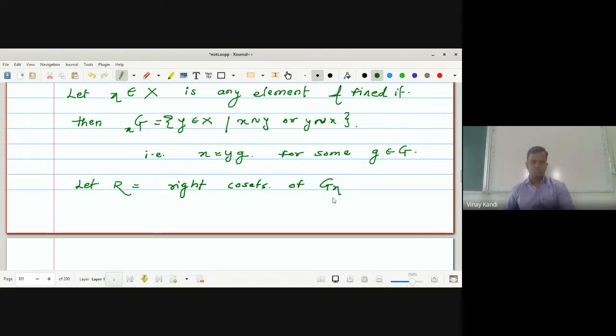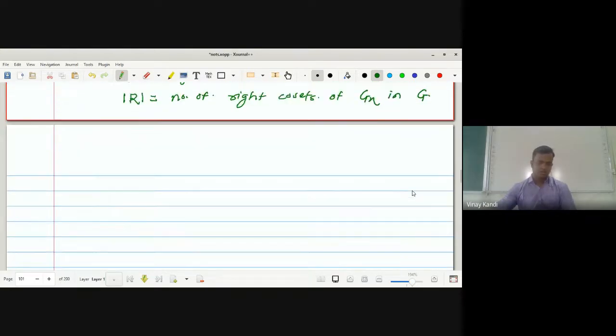What is Gx? It is the stabilizer group in capital G. Then what is the order of R? Number of right cosets of Gx in G. Okay, that is, the order of R is nothing but order of G by Gx.